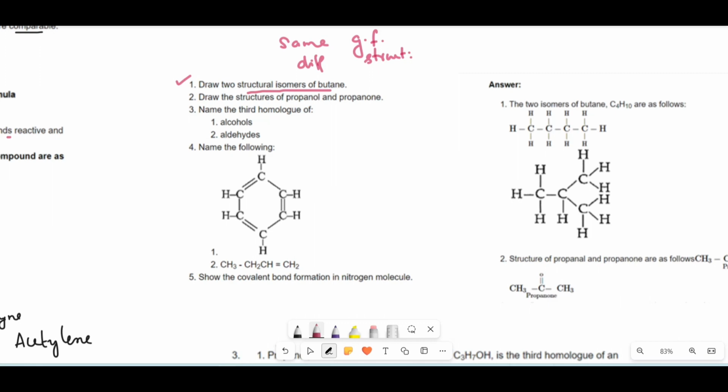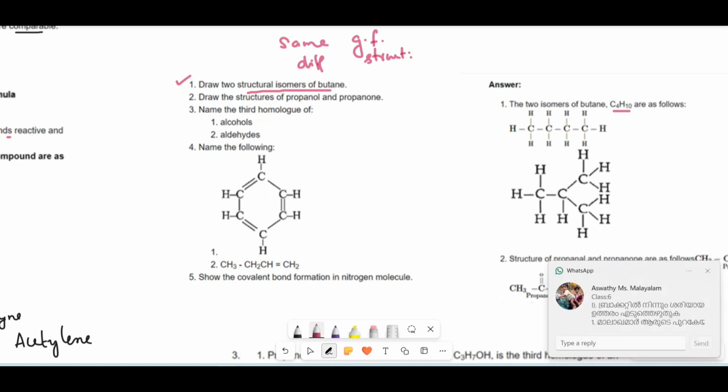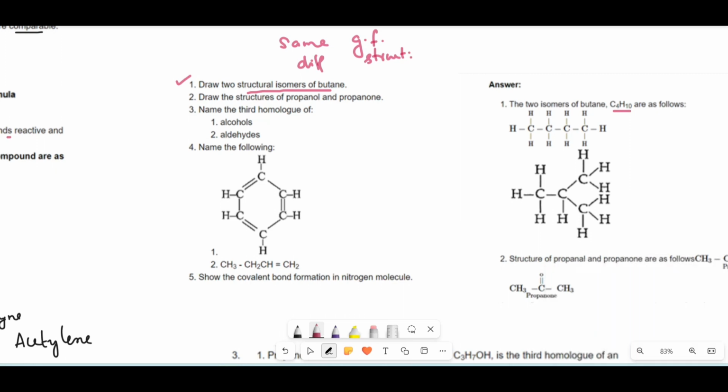Butane will have 4 carbon atoms, so its formula is C4H10. First of all, you have to draw all the 4 carbons in a straight chain manner. Then put hydrogen atoms.